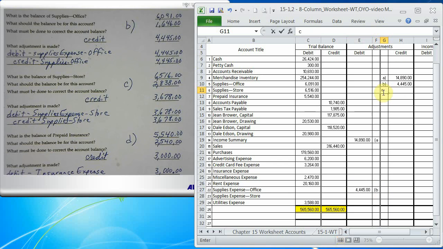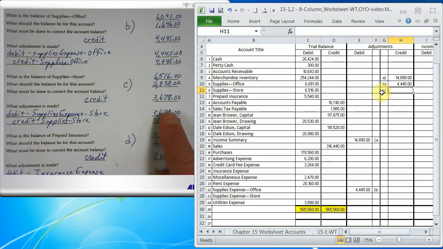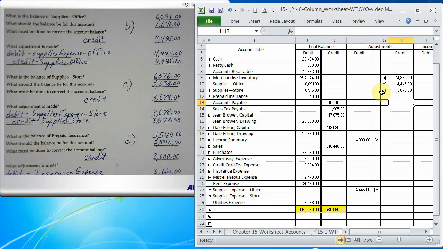We got C, and that is a total of $3,678. Then I can go down to the supplies expense store for $3,678, and that is C.